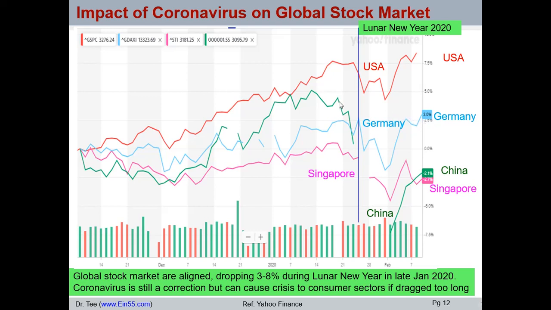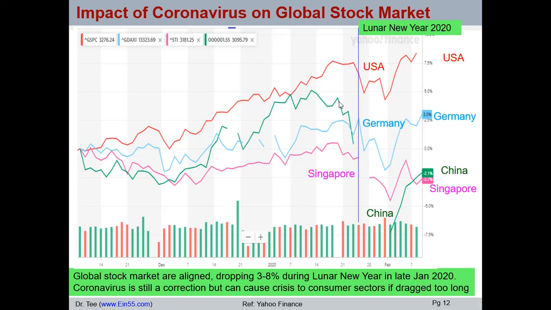And there are also a few differences between SARS and coronavirus. SARS occurred in 2003, which was roughly near the end of the dot-com bubble burst from year 2000 to 2003. So that's why when SARS was ending, in just 8 months' time, the market actually recovered.